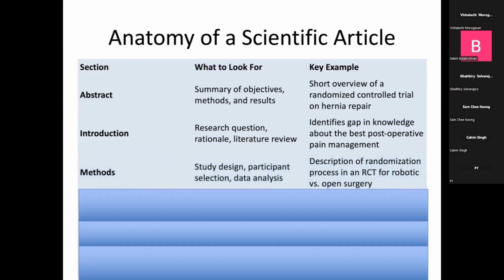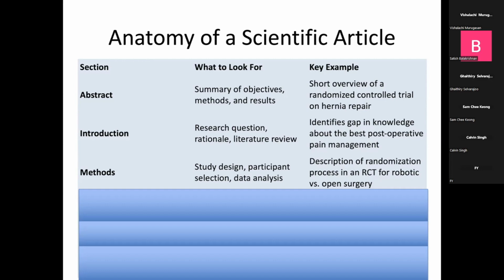From the introduction, you'd move on to methods. Methods describes the study design, the participant selection, and data analysis. It's very clear. Methods simply tell you how the study was designed, what type of study it was, whether it was retrospective, prospective, cohort, or a randomized control trial, how the participants were chosen, how many participants were taken, how many dropped out, how they were allocated, what intervention was done for them, as well as what techniques were used for data analysis.